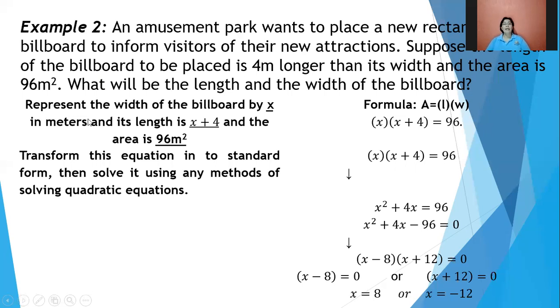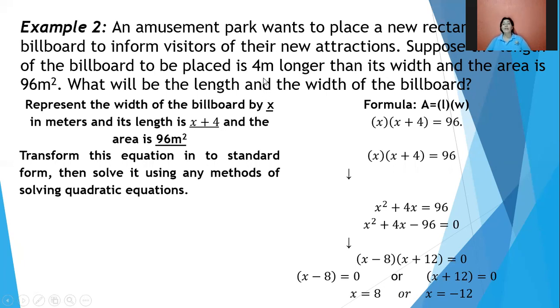Represent the width of the billboard by x in meters, and the length is x plus 4. Why is it x plus 4? The length is x plus 4 because the length is 4 meters longer than its width. Since the width is x, the length is x plus 4.